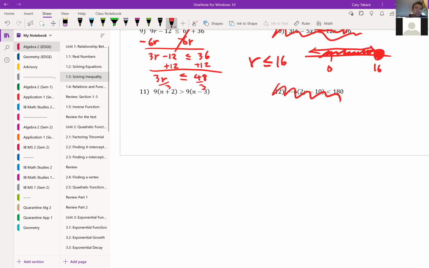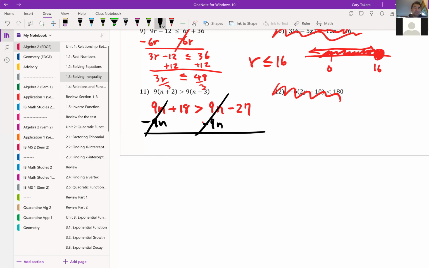So you distribute, right? You get 9n plus 18 is greater than 9n minus 27, right? And then we've got n on both sides. So let's subtract 9n, subtract 9n.